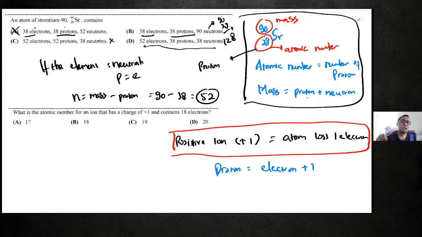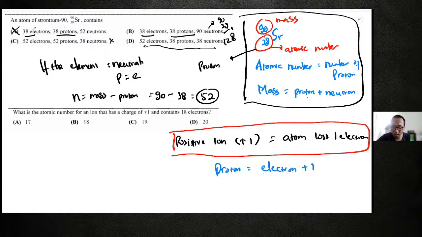Originally the neutral atom has 10 protons and 10 electrons, but it lost one electron, so this atom has a plus 1 charge. It's very easy to understand.